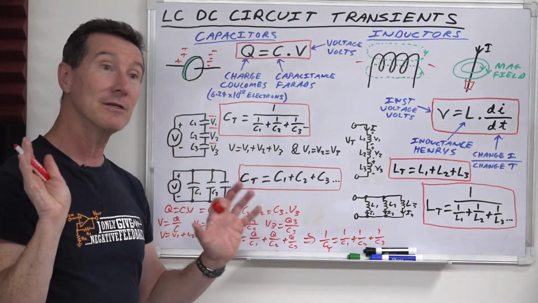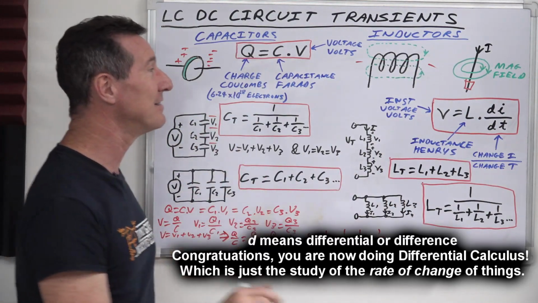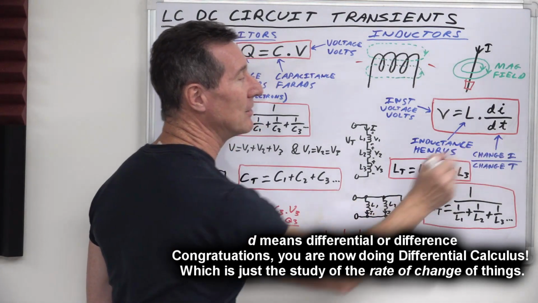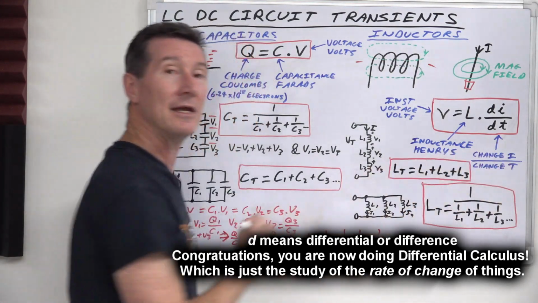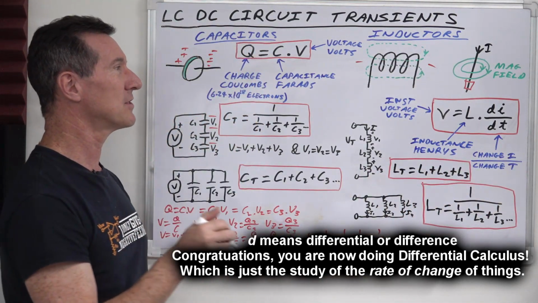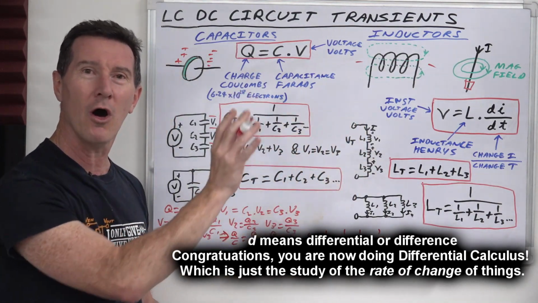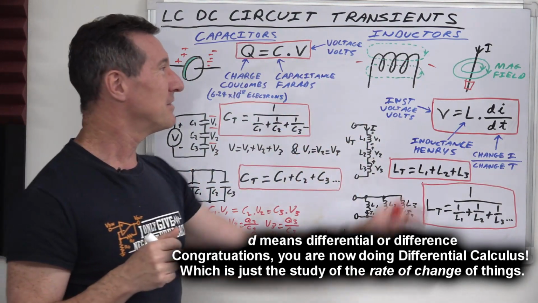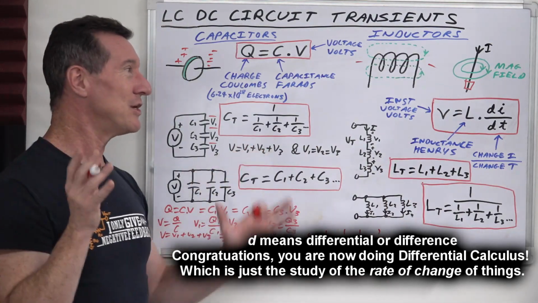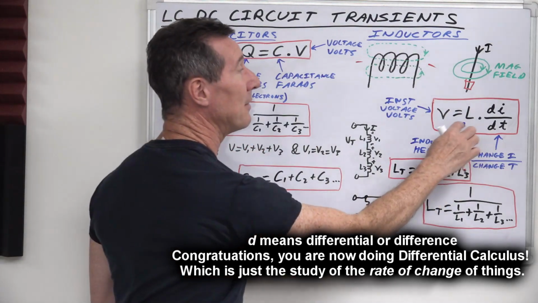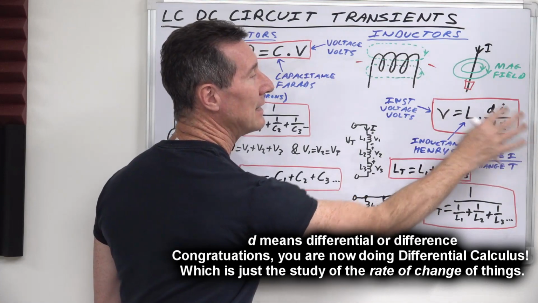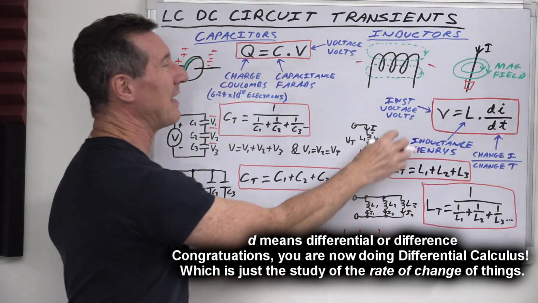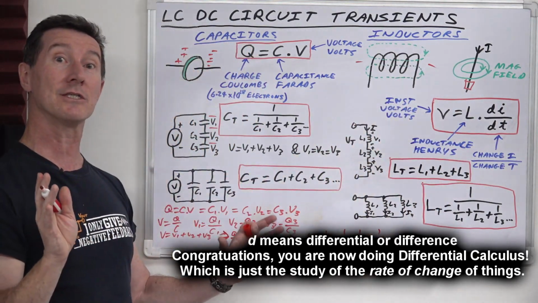And don't freak out. That just means the change in the current, i, over the change in time. Some people might write it as delta I over delta T, but di/dt is just how mathematicians put it. And these are lowercase v, i, and t to designate that they're instantaneous values.